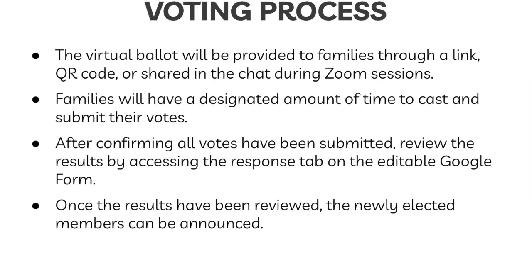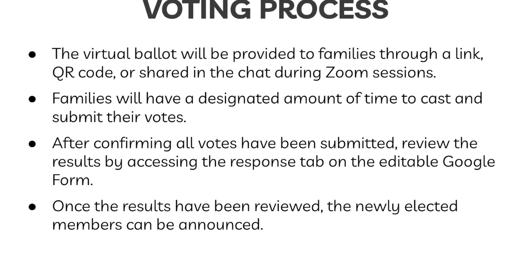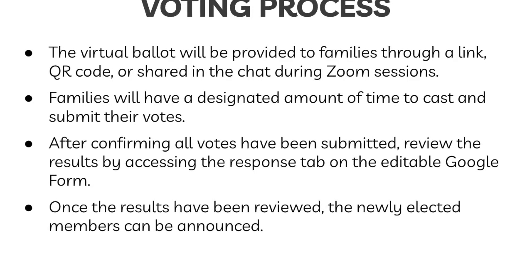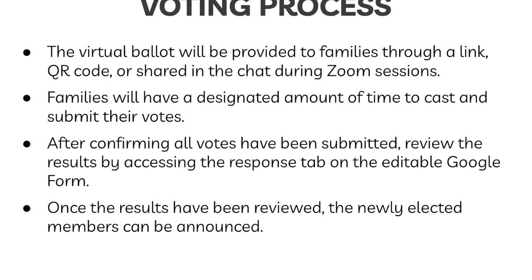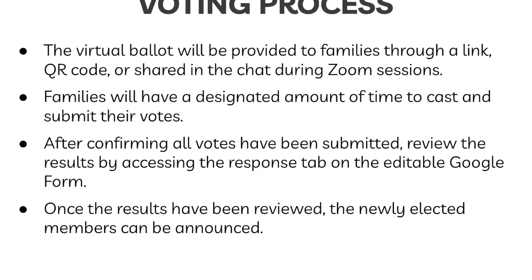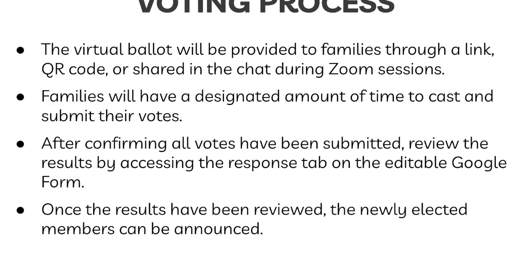After confirming all votes have been submitted, the results are reviewed by accessing the response tab on the editable Google form. Once the results have been reviewed, the newly elected members can be announced.